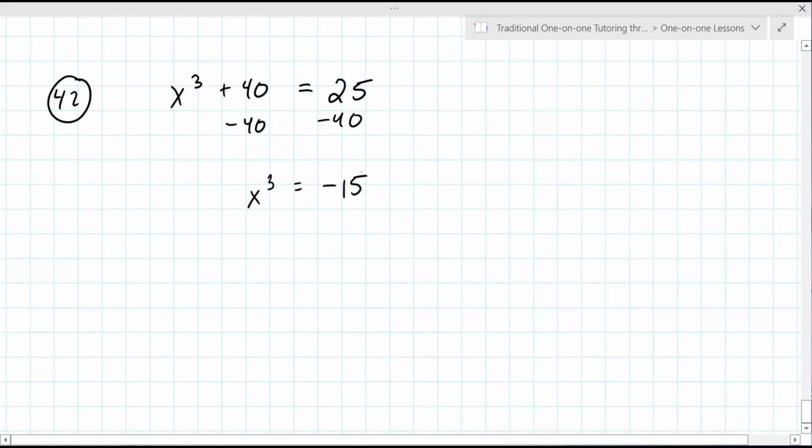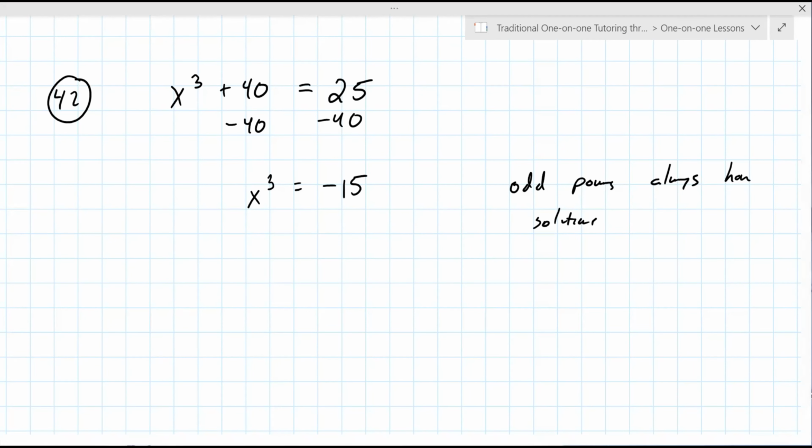So it'd be −15. Yes, and odd powers always have a solution. So you actually want those on the test because there are no weird exceptions. So it'd be −2.5. Sounds reasonable.